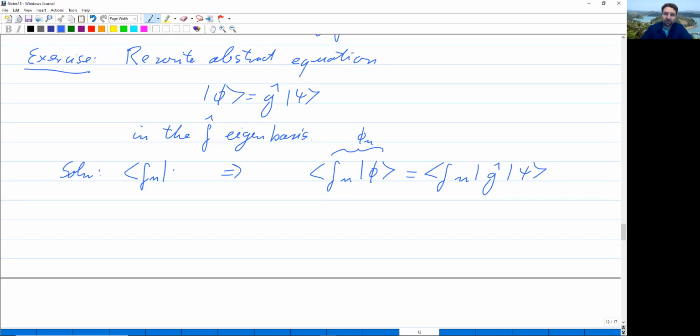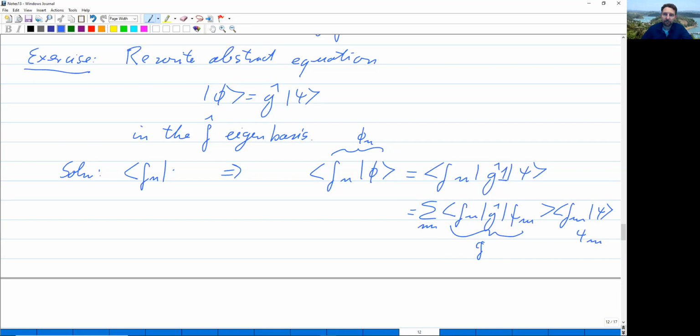So what we can do is, we can write this with an identity in here, and then it becomes sum over m F_n g hat, and now we insert the resolution of the identity F_m psi. Now, this is a number, just the matrix element again, and this is psi m, right?